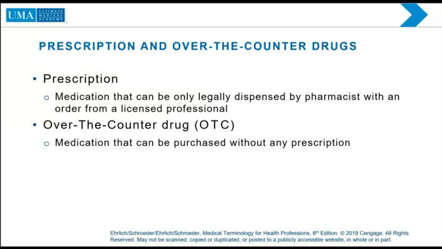Prescription and over-the-counter drugs. Prescription: medication that can only be legally dispensed by a pharmacist with the order from a licensed professional. Over-the-counter drugs, also called OTCs, are medications that can be purchased without a prescription.